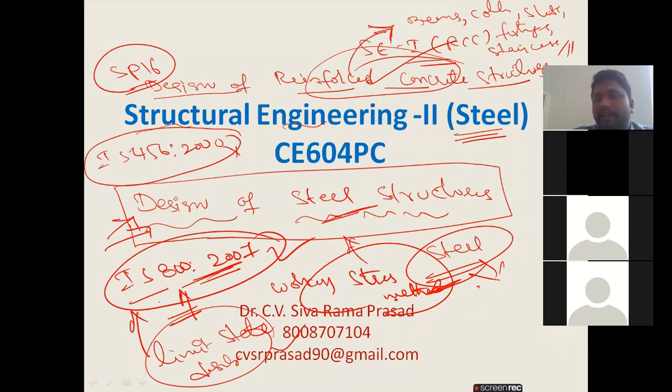There is specific data directly available from the steel tables in the IS 800-2007 code book. Based on those tables and sections, we will design a member, either a tension member, compression member, or purlin, whatever it may be. The components of any steel structure we design based on the IS 800-2007 code book.